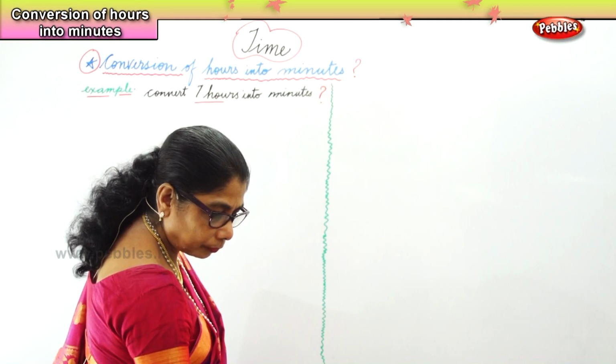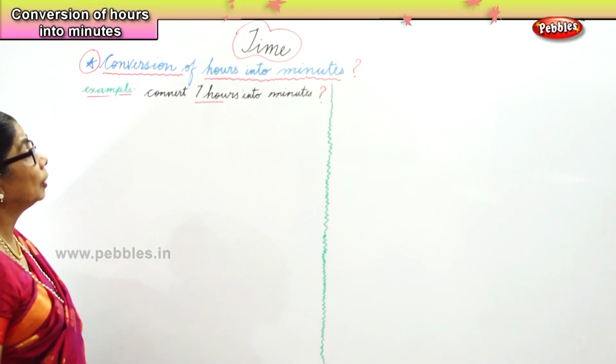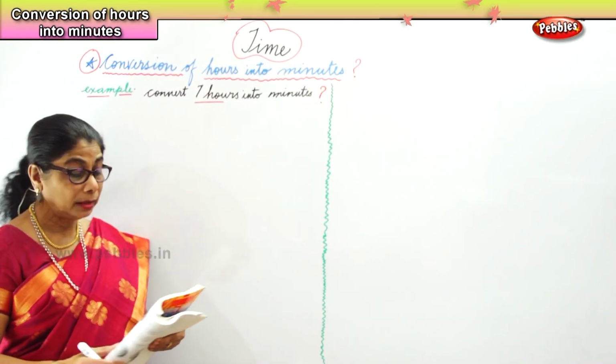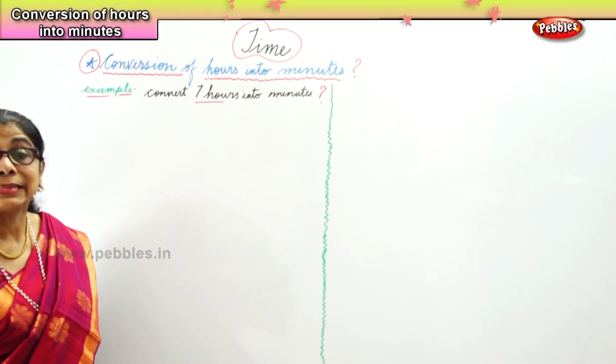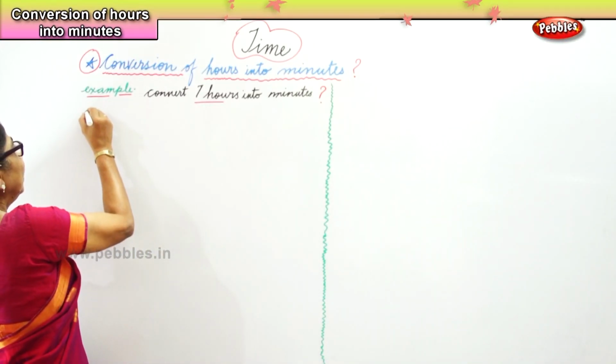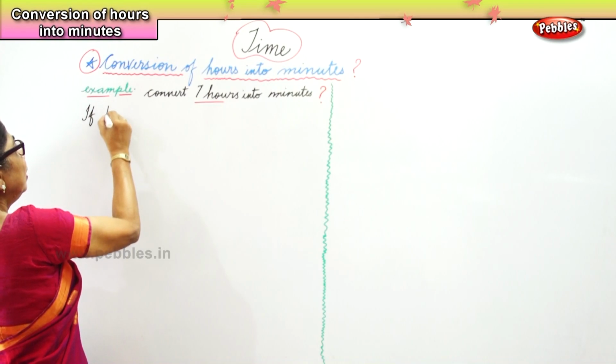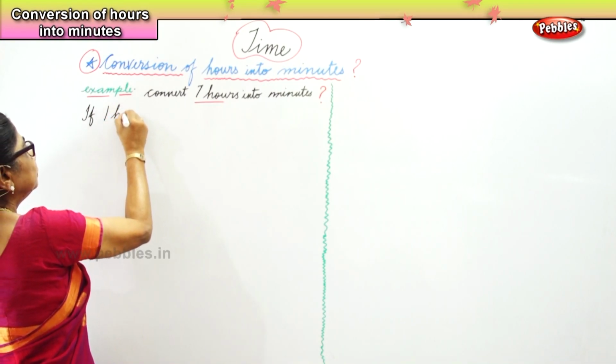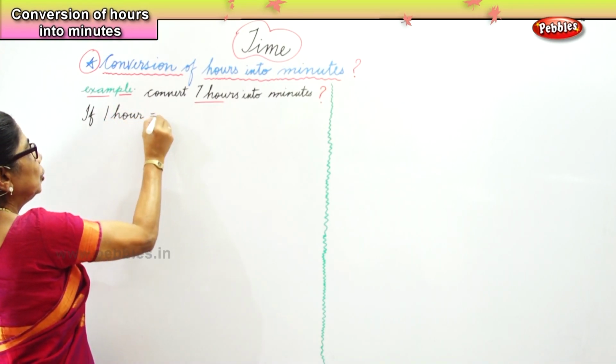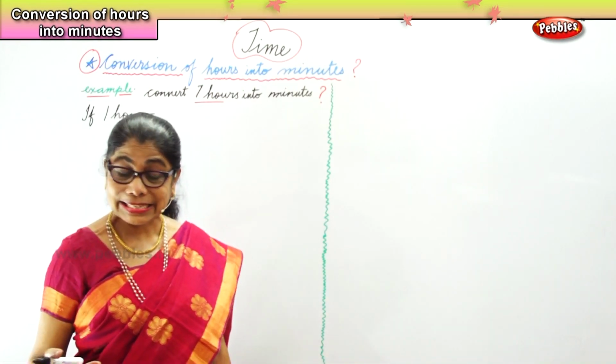If 1 hour is equal to how many minutes? 60 minutes.